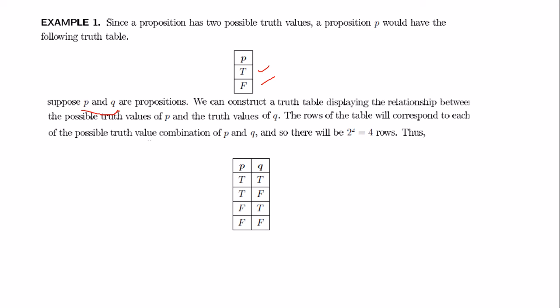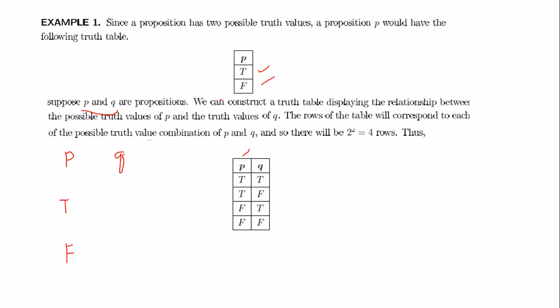So how do we create a truth table? If you can still remember your tree diagram in statistics, we have two propositions, P and Q. Take note of combination, or possible pairings. P is the first proposition, so the truth values for P are true or false.